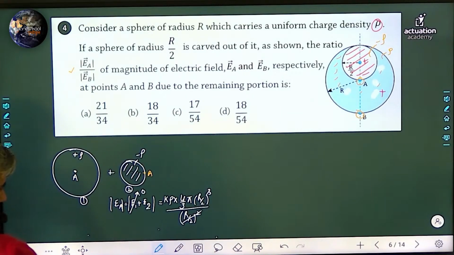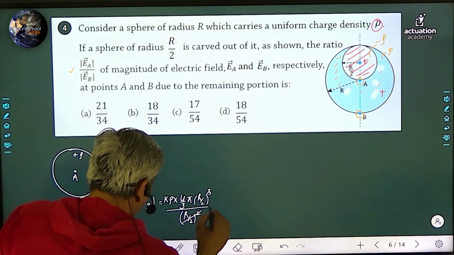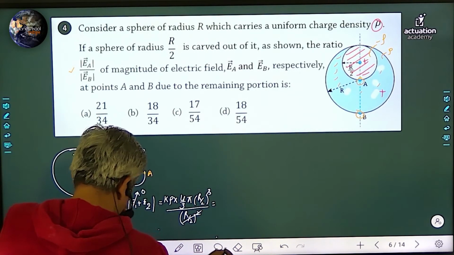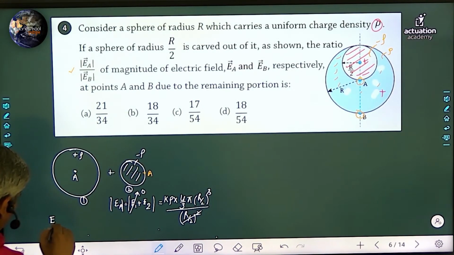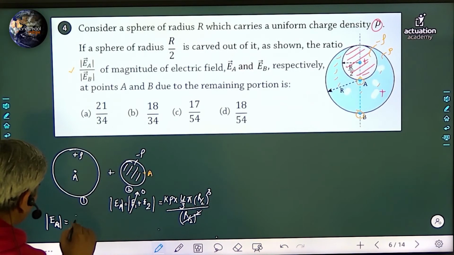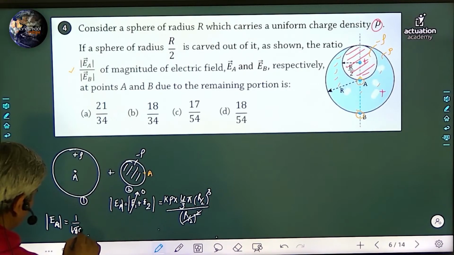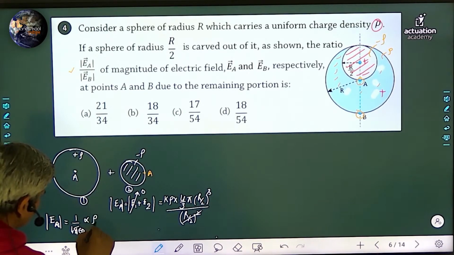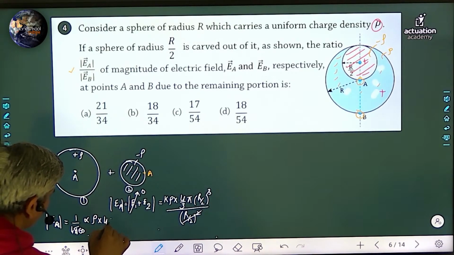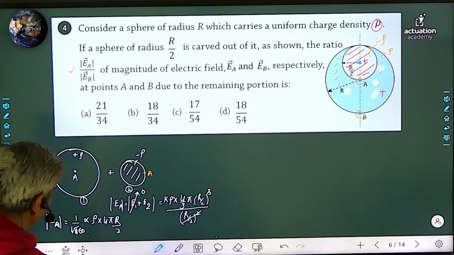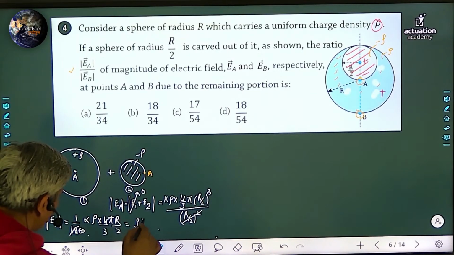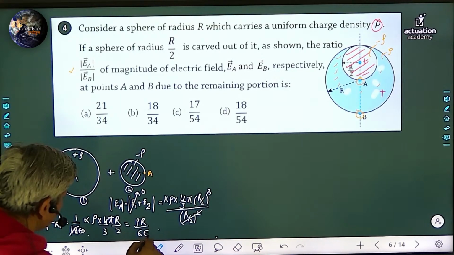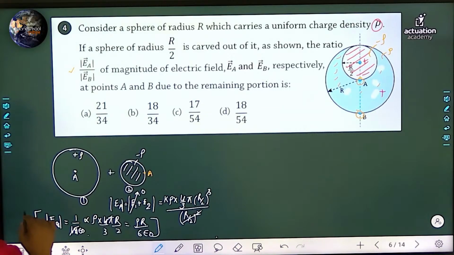Now let's put the value of K. So the magnitude of EA can be written as 1 by 4 pi epsilon naught into rho into 4 pi r by 2 and 3 here. 4 pi and 4 pi will cancel out. So this will give rho r by 6 epsilon naught. So this is the value of EA.